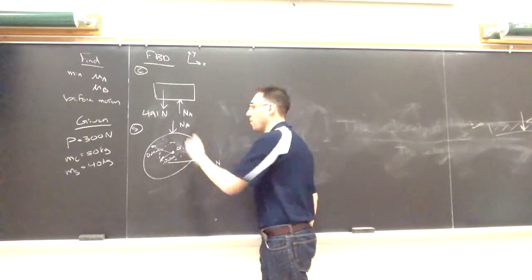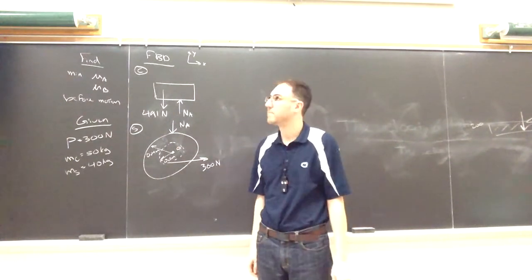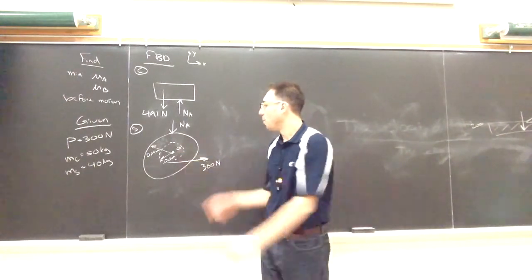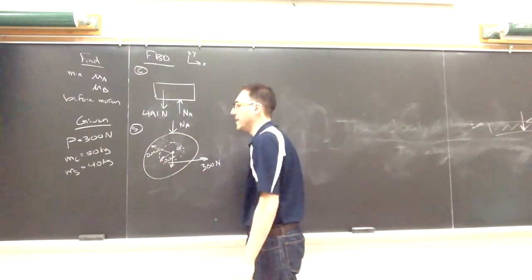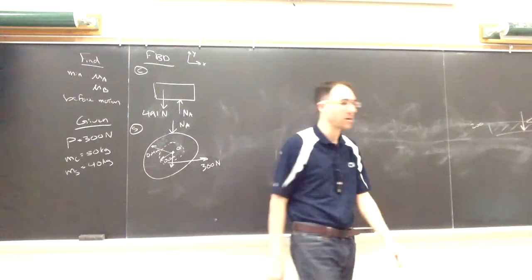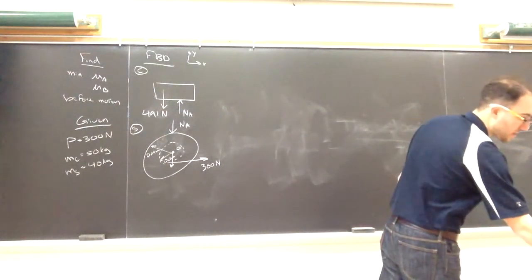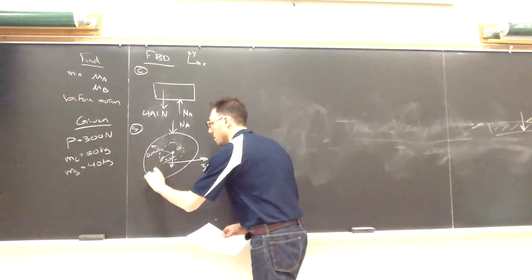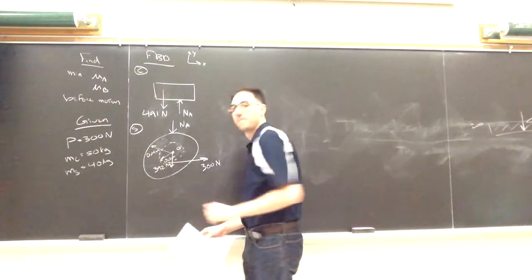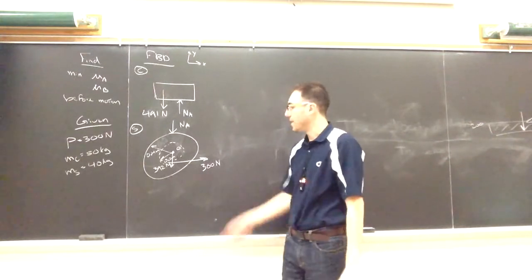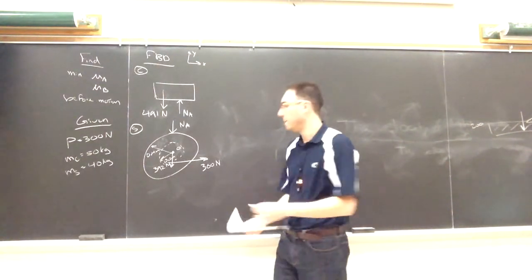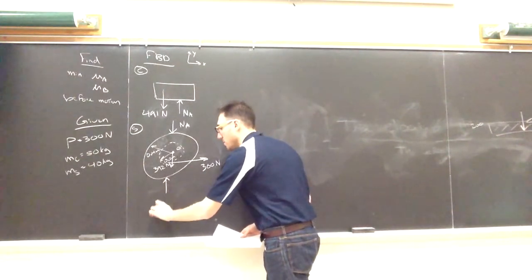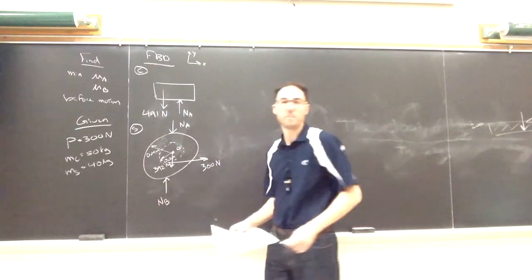And I'll have that friction force, which I'll come back to also in a second. I have the weight of the spool acting down. The spool mass is 40 kilograms, so it weighs 392 newtons. It's resting on the ground. The ground pushes back up on my spool with some normal force I'll call NB.